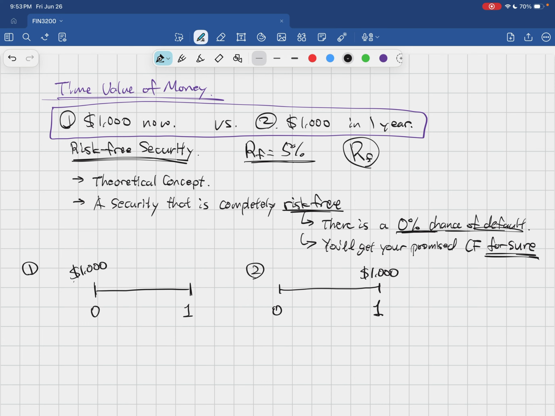These are two different promises, but using the risk-free security concept, it's tricky when you're trying to decide which one is better, because the cash flows are occurring in different time periods. Even though we're dealing with the same amount, one is occurring right now. The second option, it happens in year 1. So the goal here is we're going to try to align the time periods by using this risk-free rate.